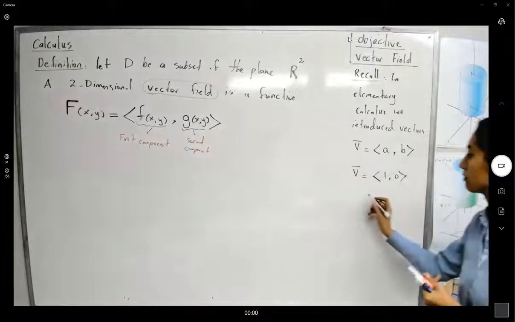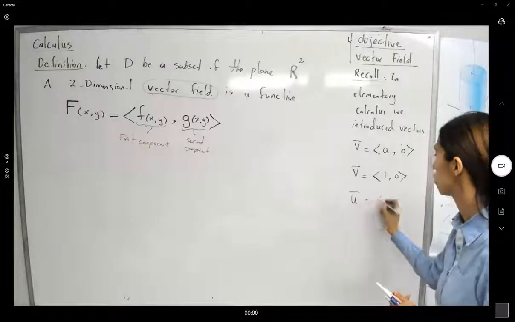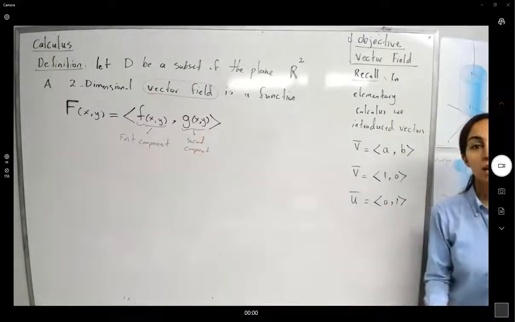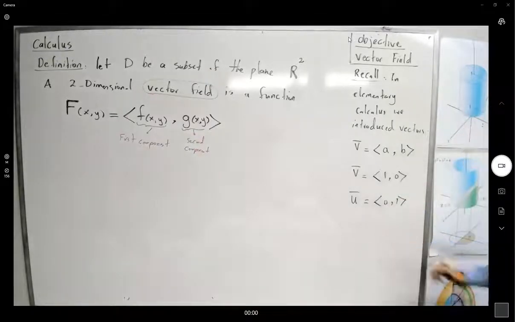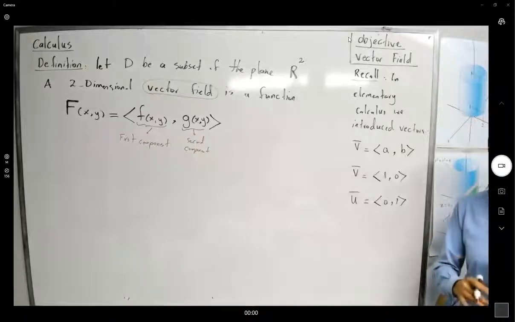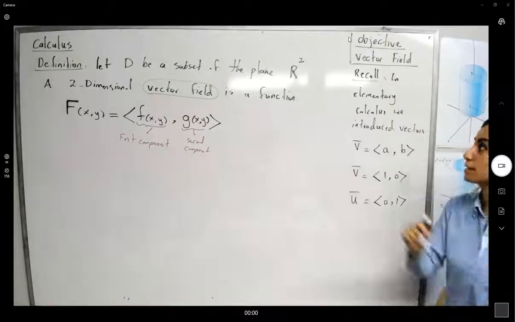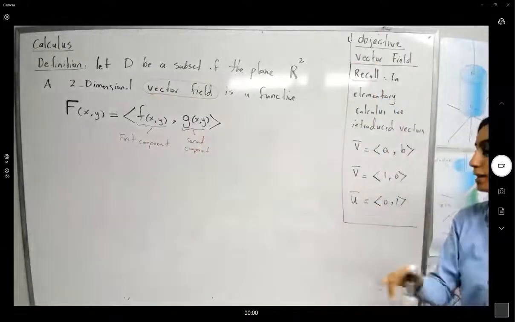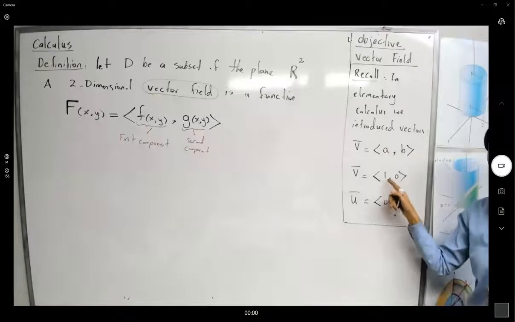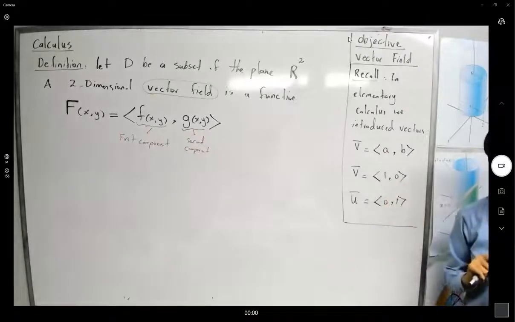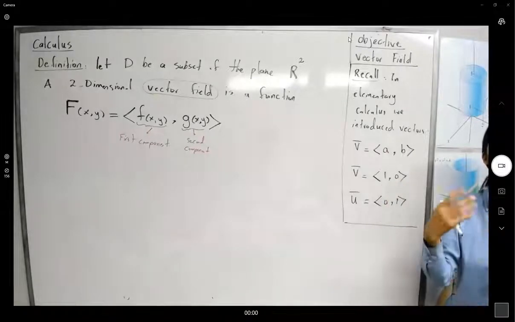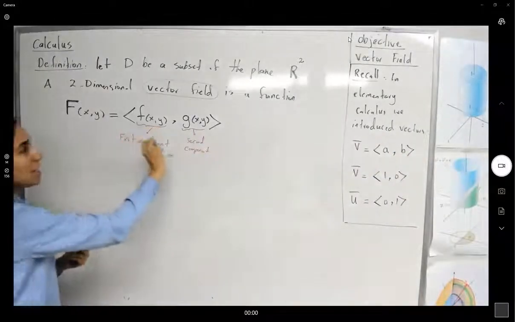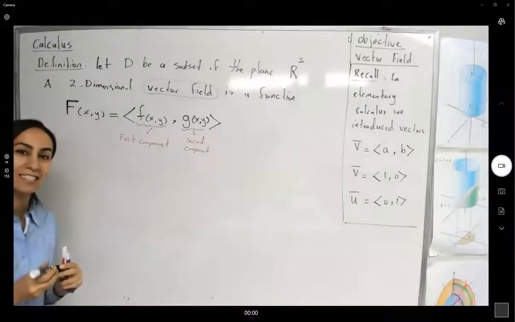We can define another vector, u, which is equal to 0 and 1, the vector representing the y-axis, and so on. In multivariable calculus, we say that instead of just defining numbers for the first component and second component, we're going to use functions like f of x and y and g of x and y.